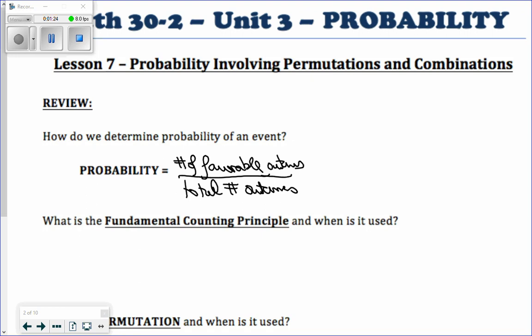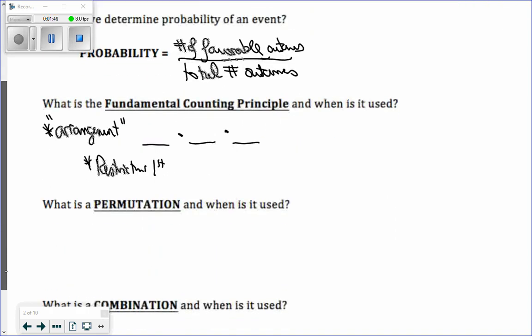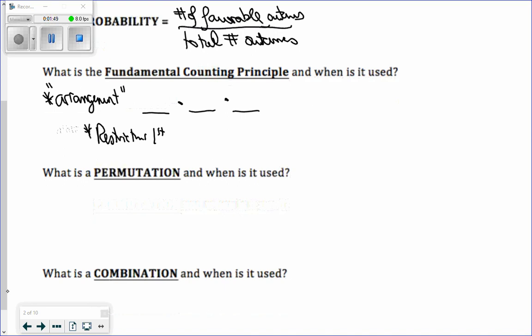Fundamental counting principle. We use these for arrangement questions. And all you do is you multiply the blanks. Just make sure you do the restriction first. So permutations, these are the arrangements.